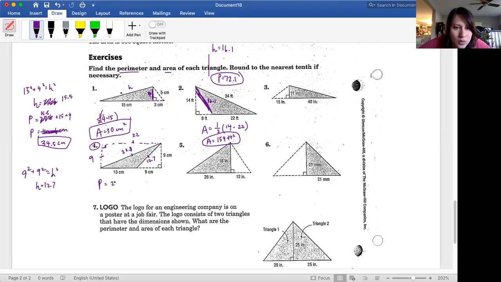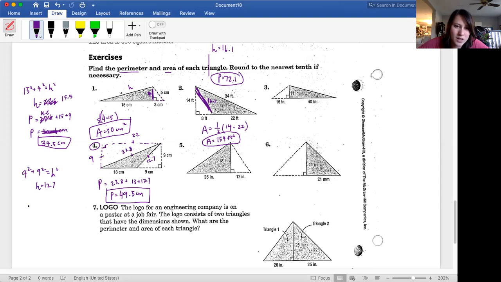So now we can find the perimeter. The perimeter is 23.8 plus 13 plus 12.7. And that is about 49.5, 49.5 centimeters. And then the area is pretty straightforward because we have the base here and then the height's 9.